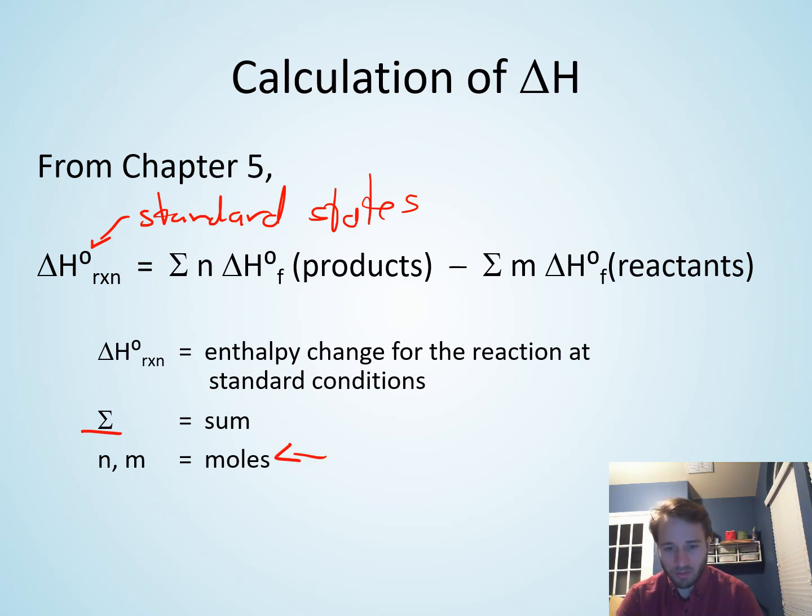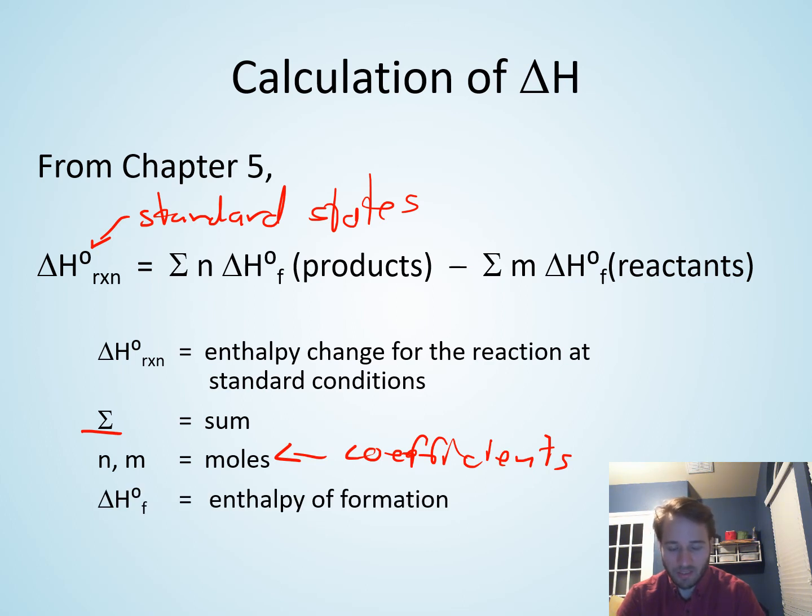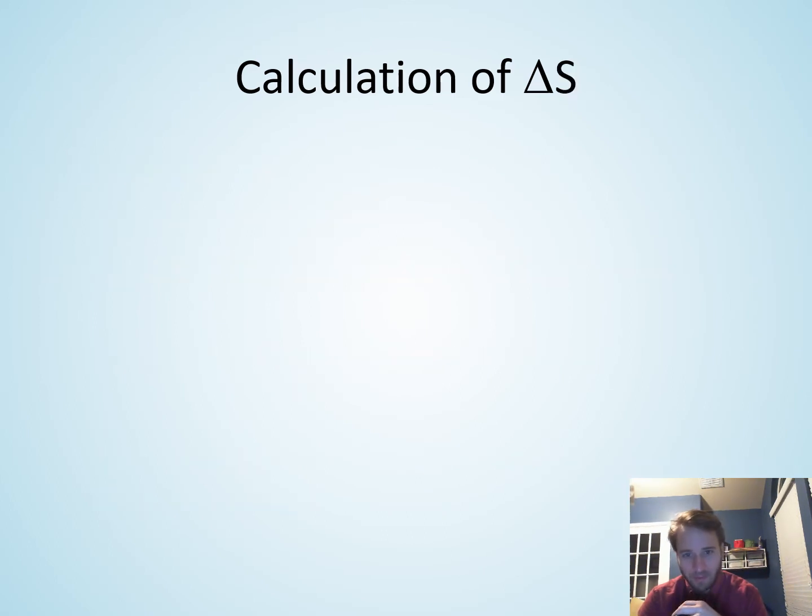Often these are coefficients in our balanced chemical reaction, our stoichiometric coefficients. And delta H f here is your enthalpy of formation, something that's going to be given to you. You have to look it up in a table or something like that, not something you'd ever remember or know.